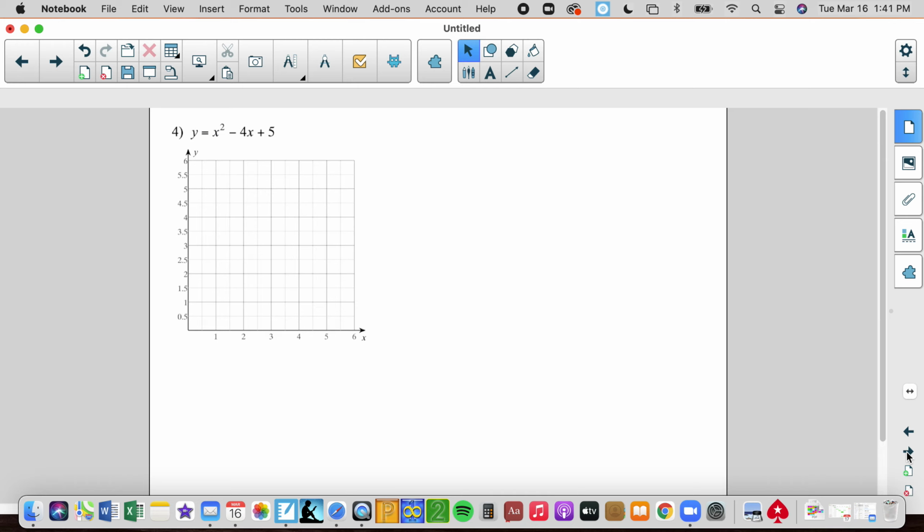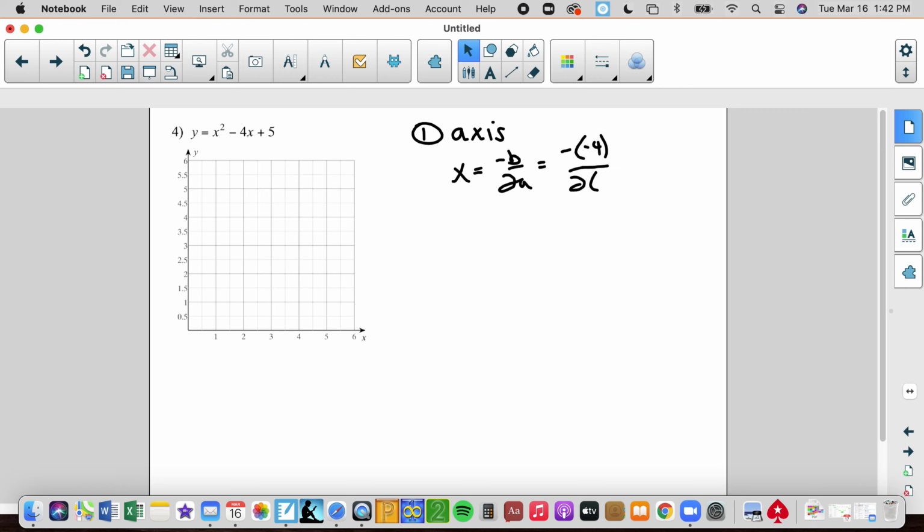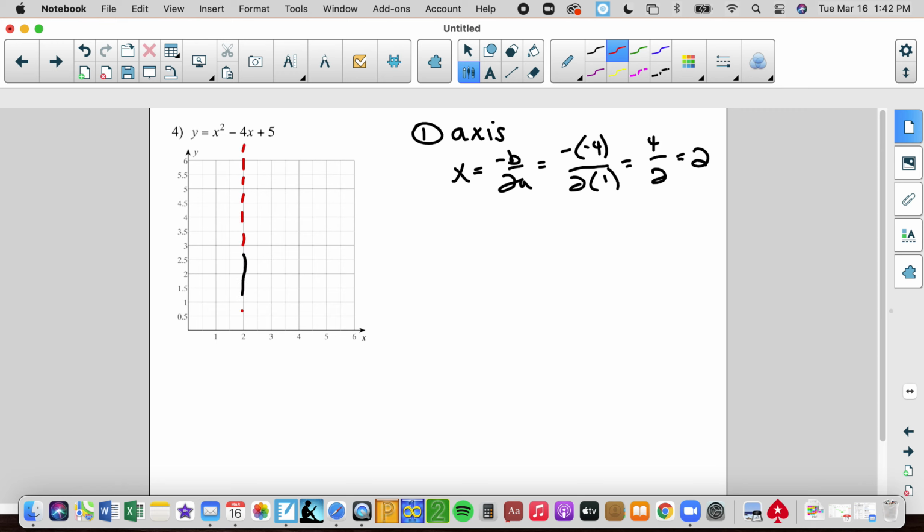Number 4, we're going to just keep doing this. Axis of symmetry: x equals the opposite of b over 2a. Opposite of -4 over 2 times 1. So that's 4 over 2, which equals 2. The axis of symmetry equals 2.